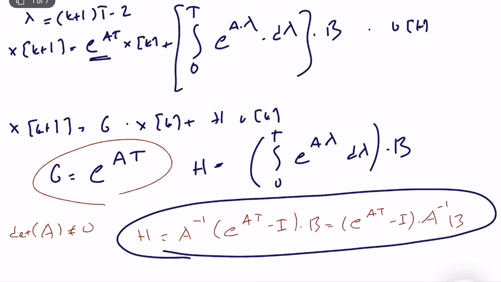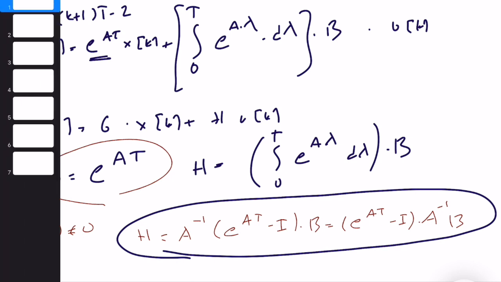So we already computed G and H, and now let's compute the output equation. In the output equation of the continuous time system, we have y of t equals C times x of t plus D times u of t, and what we are interested in is the sampled output.